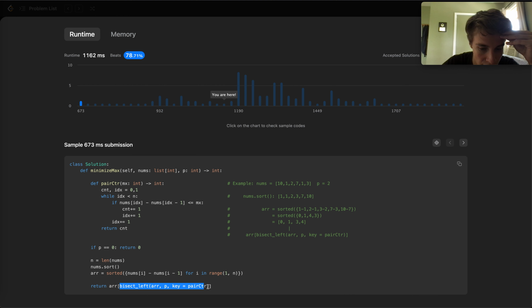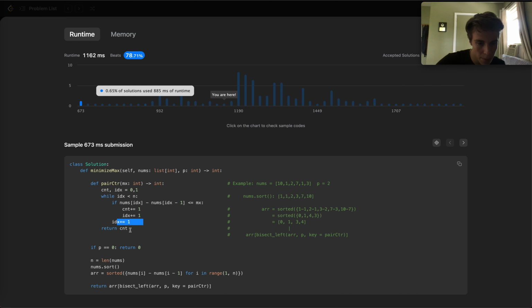Array of bisect left with the key being, okay, so what is this? Count and index 0, 1, while index is less than n. If this matches the difference, then count.